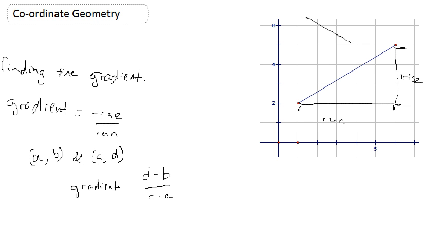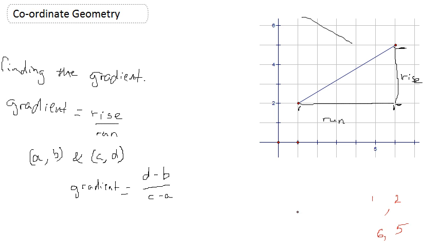So if I think about this one, I've got the point 1, 2, and I've got coordinates 6, 5.